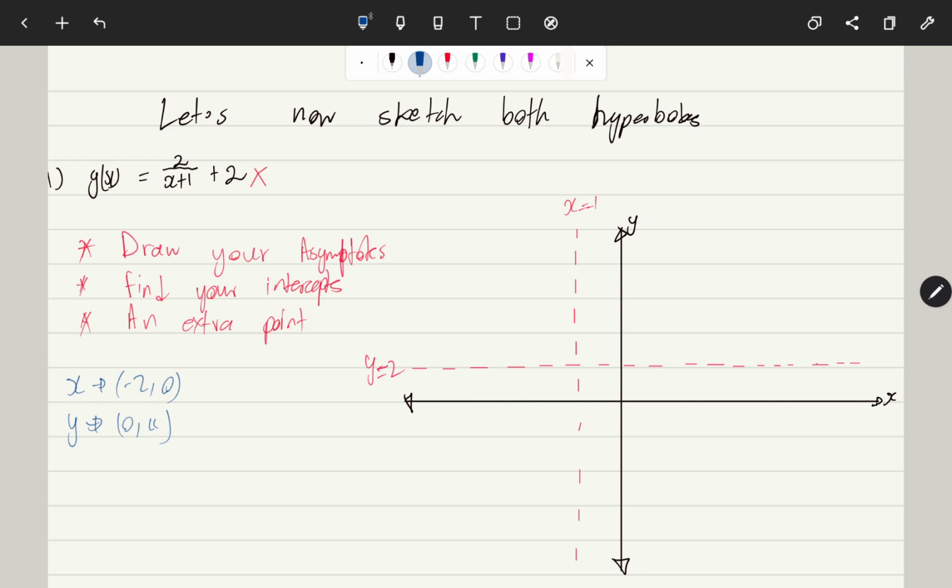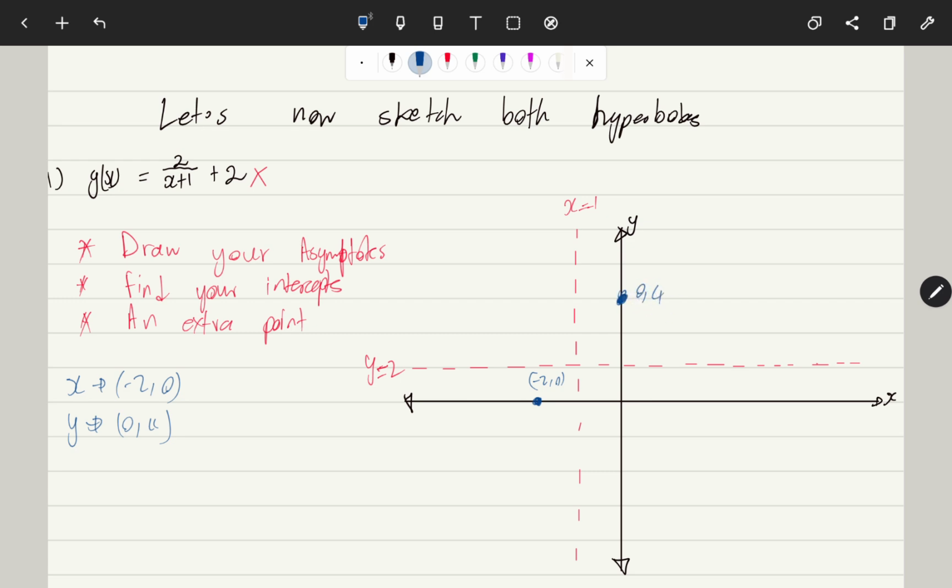So let's plot them up. This is (-2, 0), and where is (0, 4)? It's going to be here. This is (0, 4).